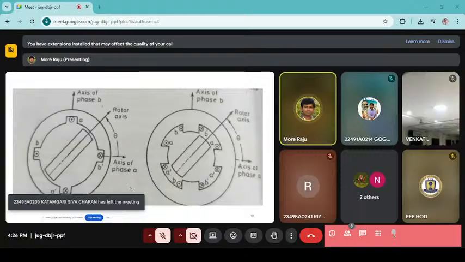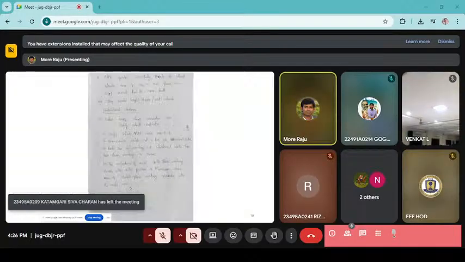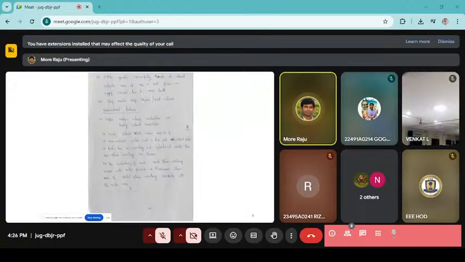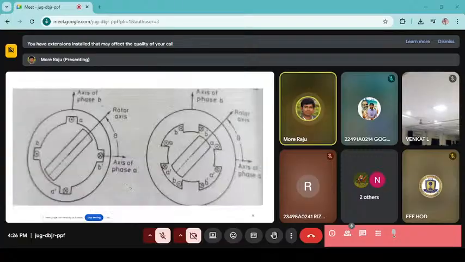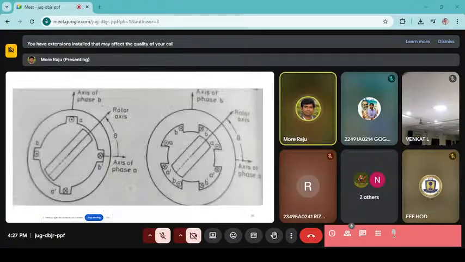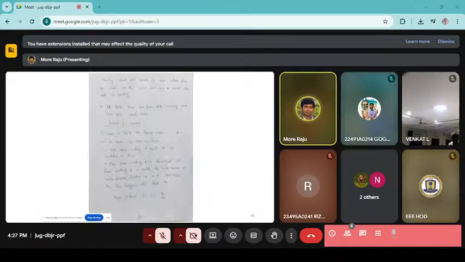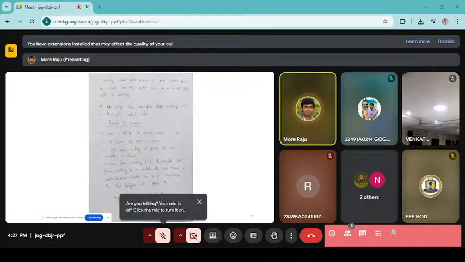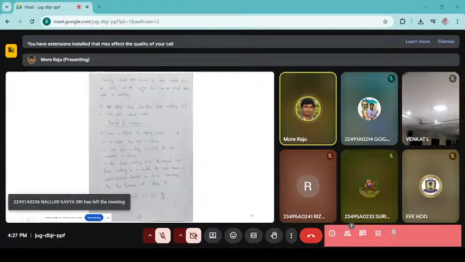So these are the two structures, singly salient and doubly salient construction, of the variable reluctance machine. The doubly salient VRM consists of four salient poles on the stator winding, and the rotor has two salient poles with no winding.